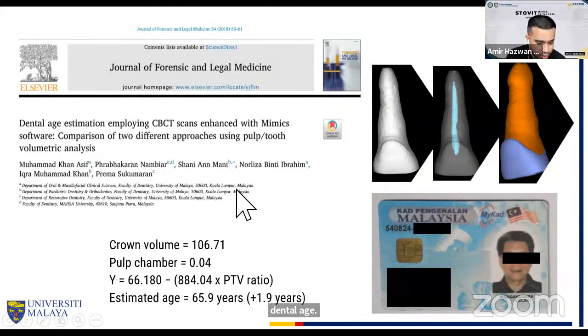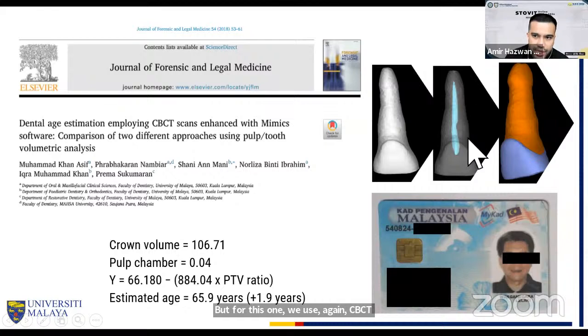If you remember the method by the Italian forensic odontologist earlier, he was using the 2D radiograph. So he measured not surface area, just the area on the 2D radiograph. But for this one, we used CBCT scans again.